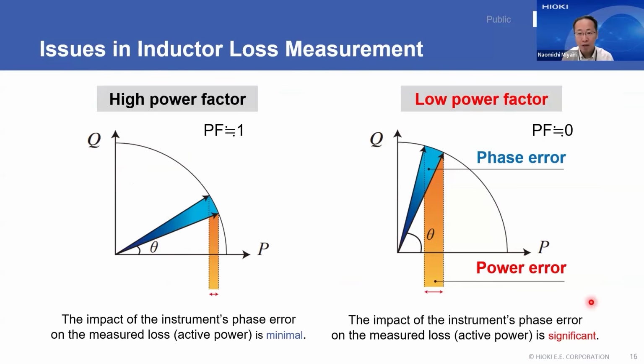However, when the power factor is low, close to 0, the impact becomes significantly larger. In fact, in some cases, the phase error can push the measurement beyond 90 degrees. When that happens, power that should read as positive actually appears as negative, which is clearly a serious problem, right?